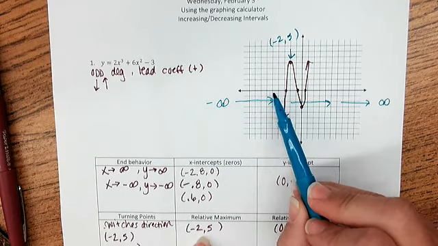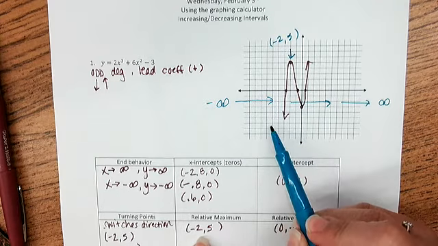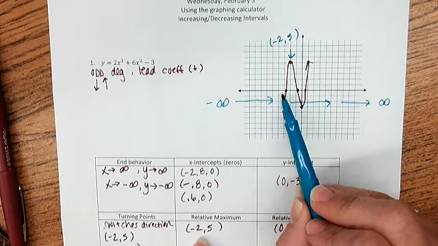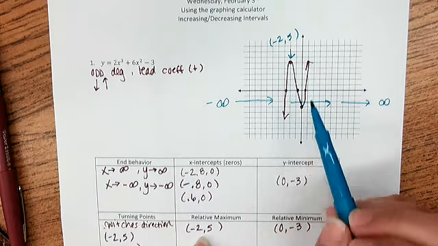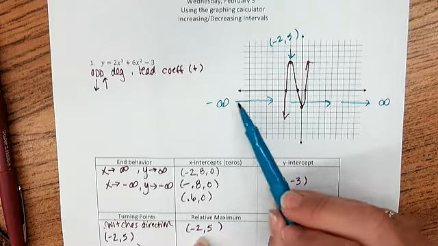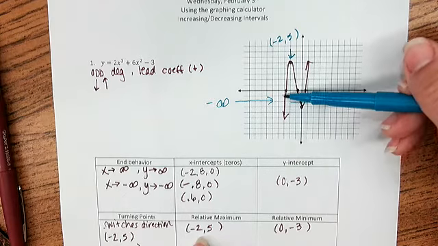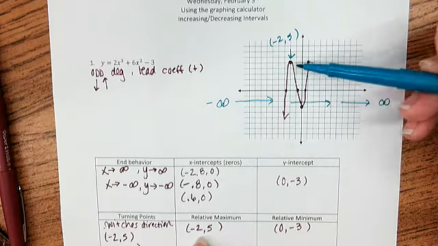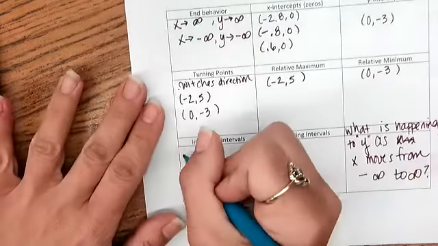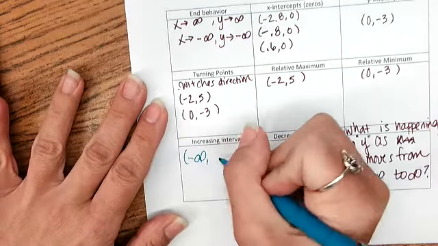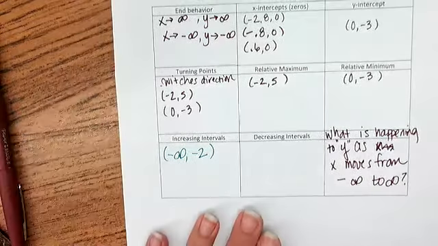So when x is negative 4, y is negative something. When x is negative 3, y is negative something. When x is negative 2, y is 5. So this graph is increasing, climbing up until x is negative 2. So it is increasing from negative infinity to negative 2.